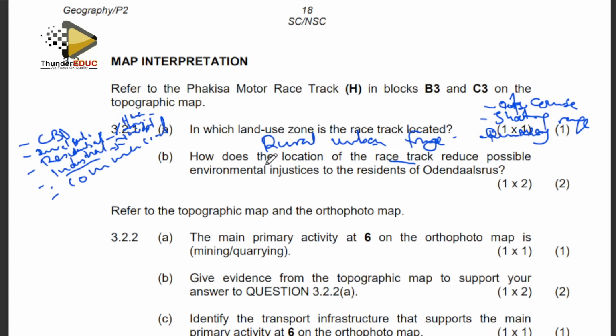When you talk about the environment, you're looking at what aspects we're supposed to consider when we say environmental injustices. When we talk about environmental injustices, we are basically looking at how the environment will be unfairly used. Maybe that area would be left redundant, and how it is put into use, using it for the racing and so on, the racetrack.